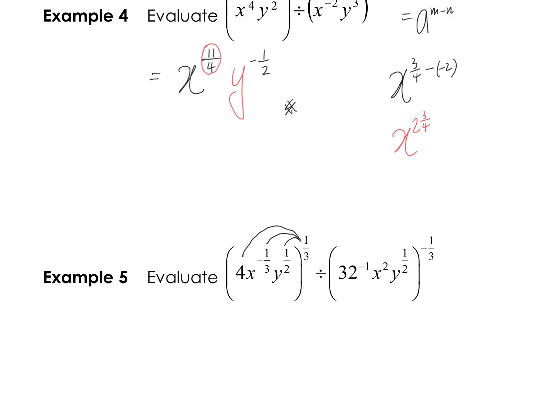Remember, 4 is power 1. So every power must get the power 1/3. 4 to the power of what? 1/3. 4 must get the 1/3 also. Okay, now what about this one?